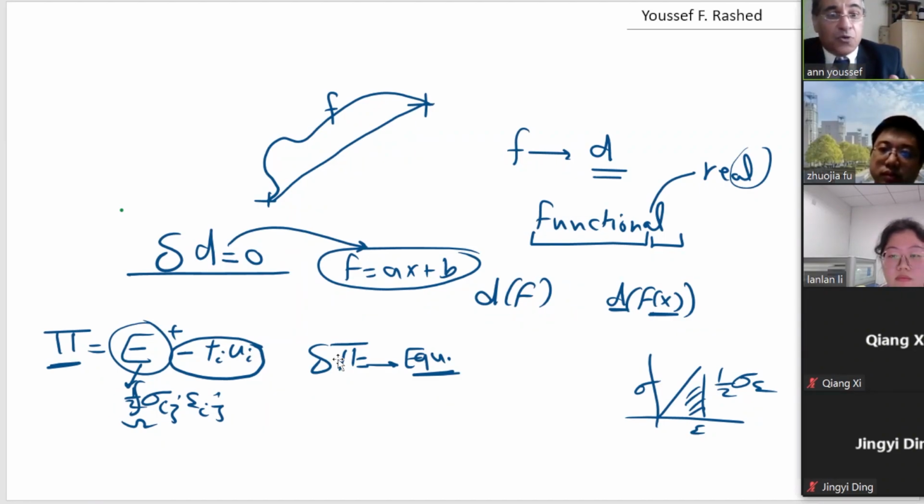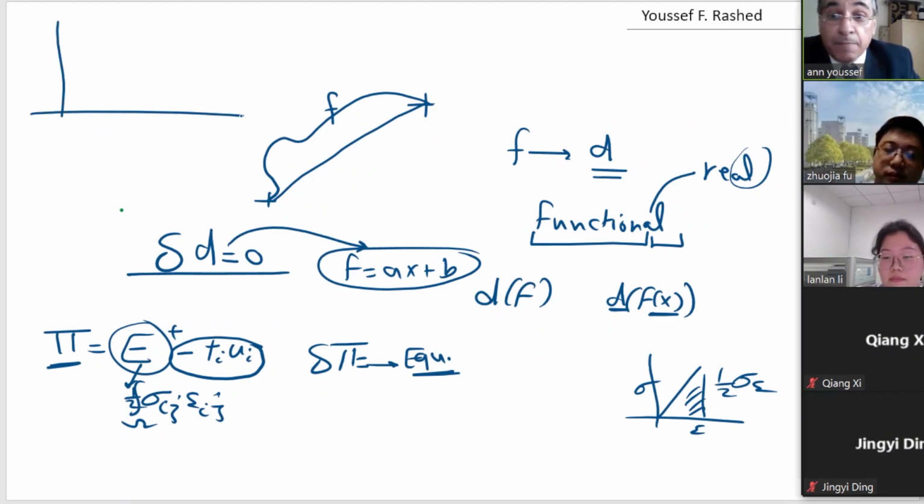The initial problem started in the 16th or 17th century, I don't remember exactly, and it was not the minimum distance between two points. It was called the brachistochrone problem.